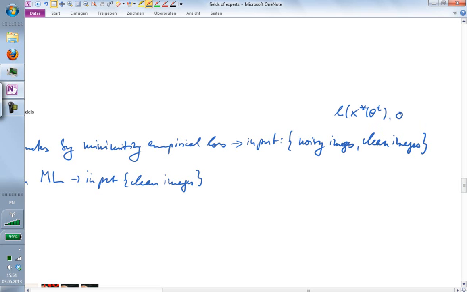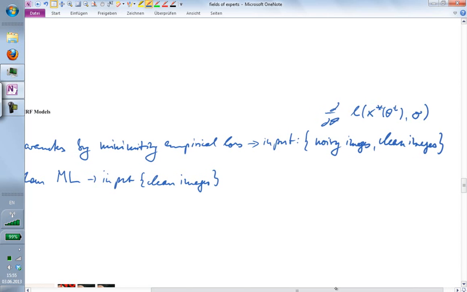So let me call the clean image O. And then you can take derivatives of this to find parameters that will give you a smaller loss.